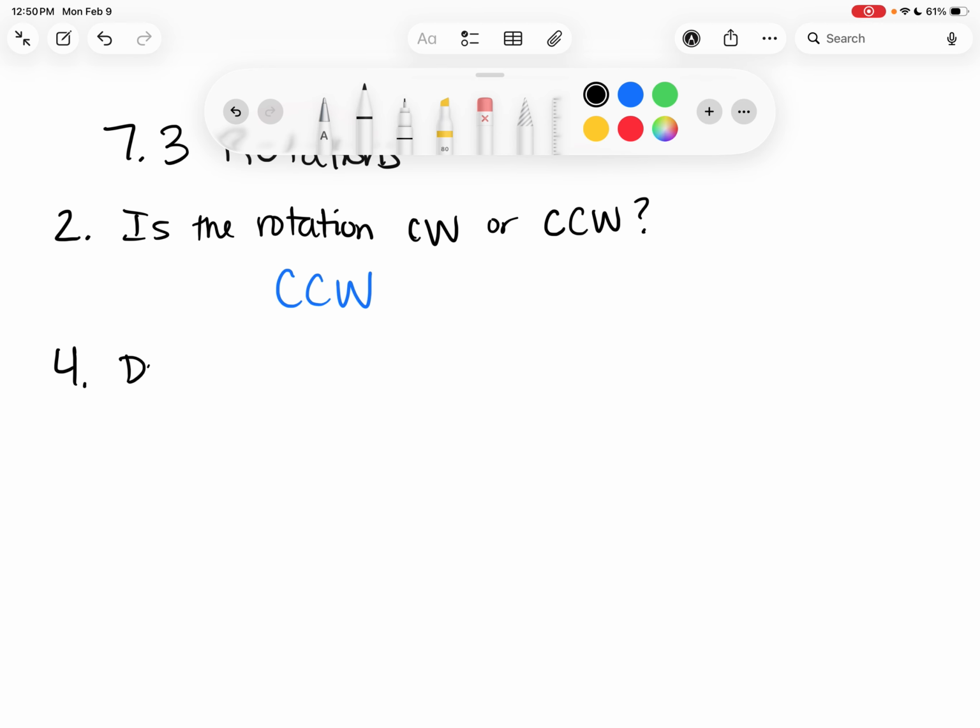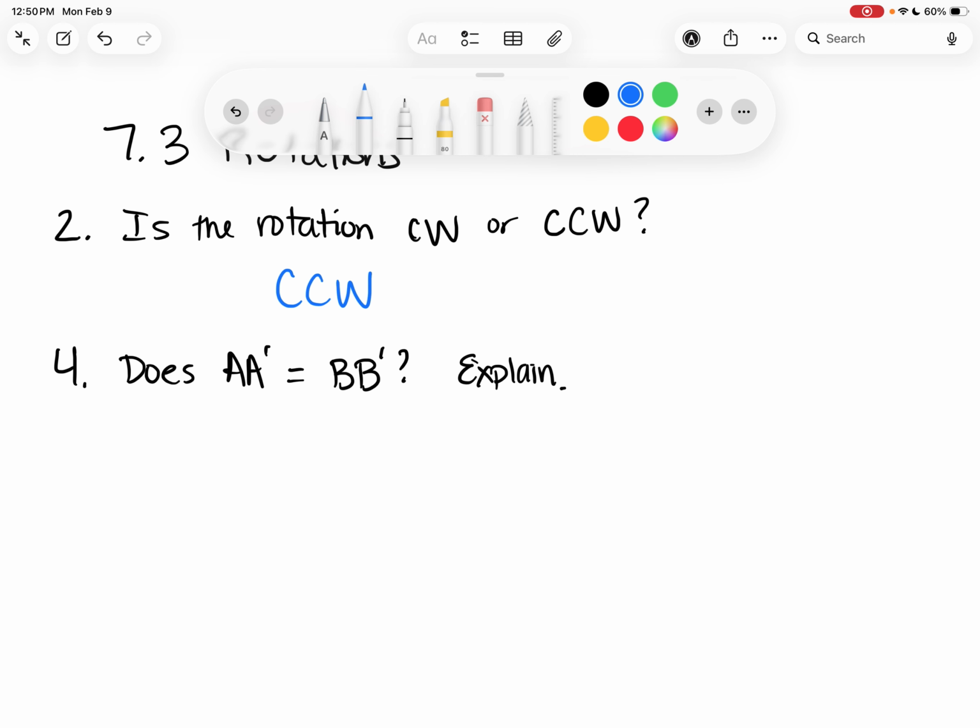4. Does A prime equal B prime? Explain. So we're looking at A and A prime and B prime. And so we want to know if those things are equal to each other. Anybody have a guess? I'm gonna say no, but I don't know why.